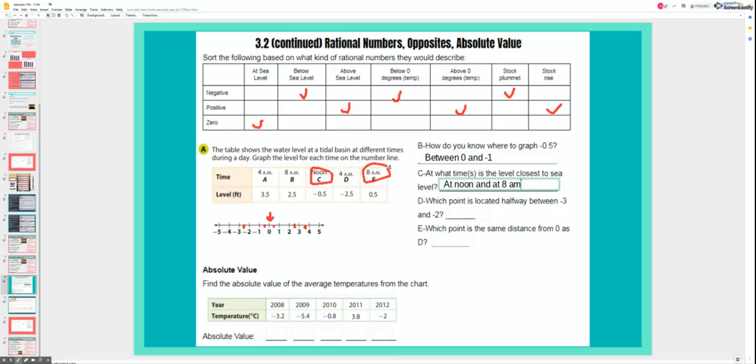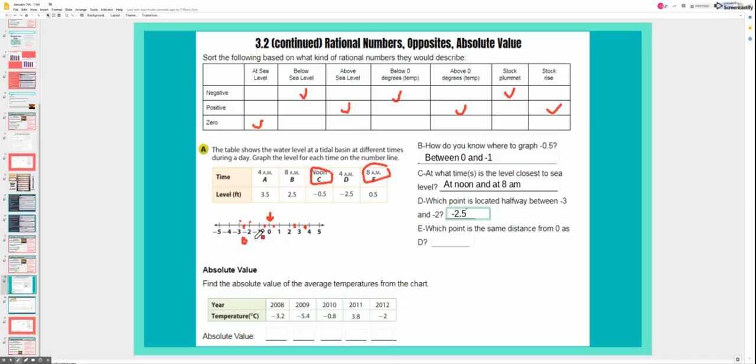Which point is located halfway between negative 3 and negative 2? You can look at your graph if you need to, but negative 2 is right here, negative 3 is right here, and halfway in between them would be negative 2.5. Which point is the same distance from 0 as D? This is why we should have labeled. So D is at negative 2.5, so that would be this technically. We'll label it now.